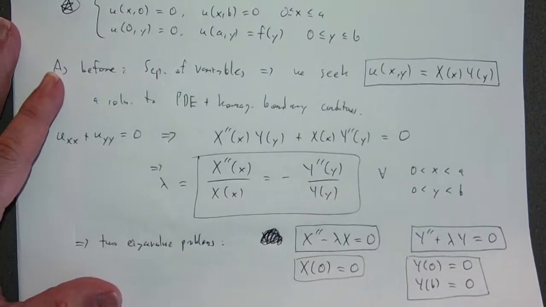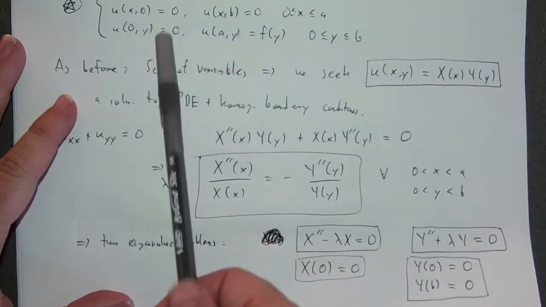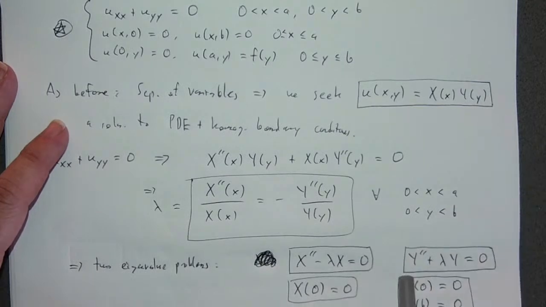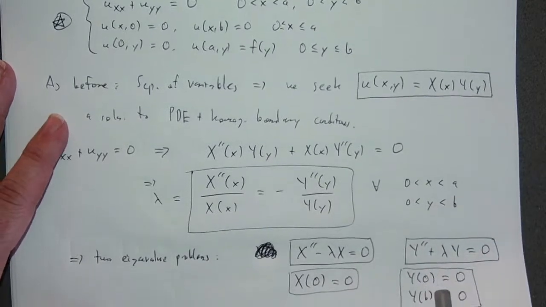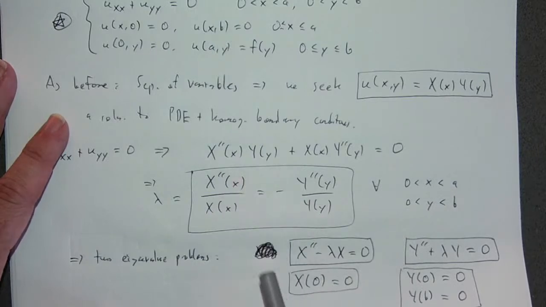So I get two Dirichlet boundary conditions for this y eigenvalue problem, and this is why I put the minus sign here, because it's clear from this context that I'm going to get the eigenvalue problem I know how to solve on the y. I did this sign adjustment so that this would be exactly the eigenvalue problem I know how to solve.